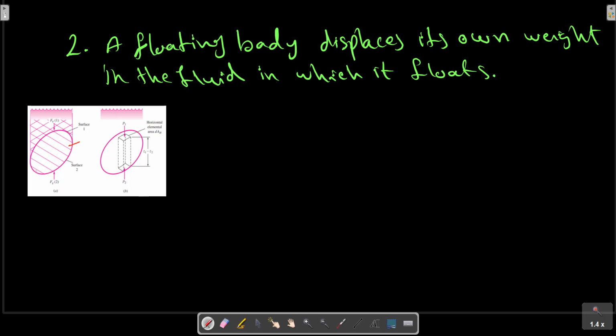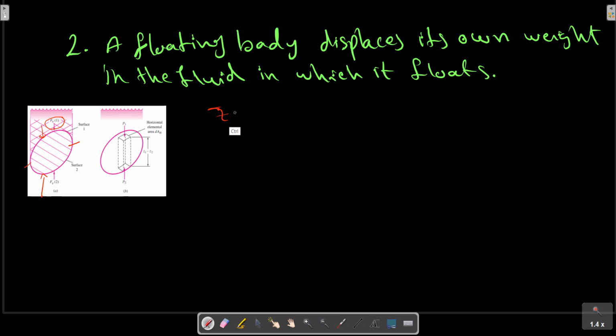For example, if we divide this surface into two parts, we have two forces, F(V1) on the upper curved surface, and F(V2) on the lower curve.